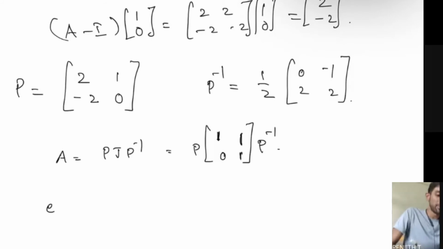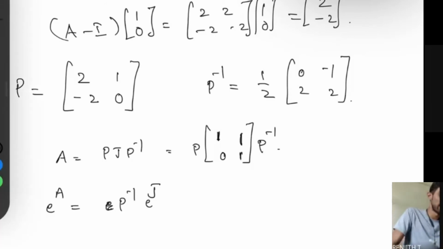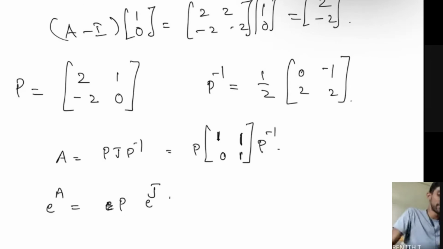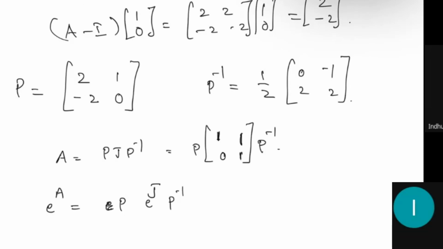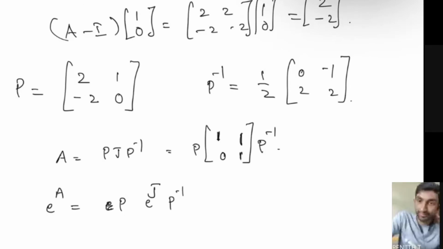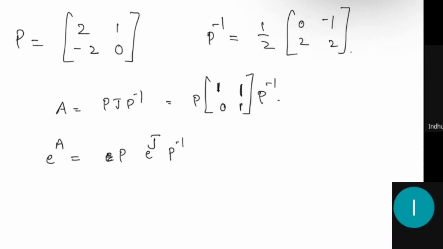Now we have to compute e power A. How to compute? Then it will be P e power J P inverse. Sir, replacing with J, the Jordan canonical form.